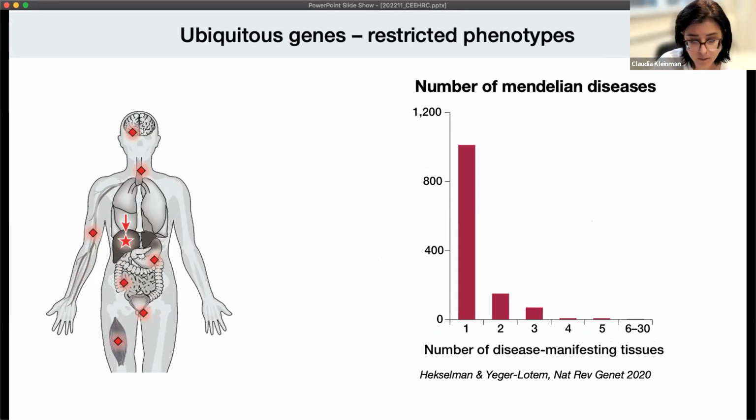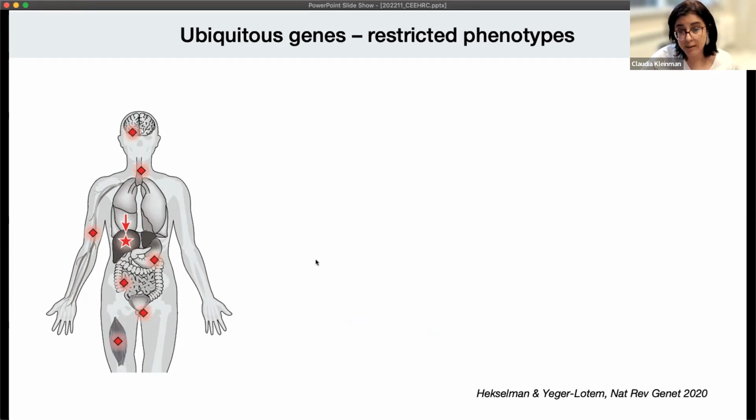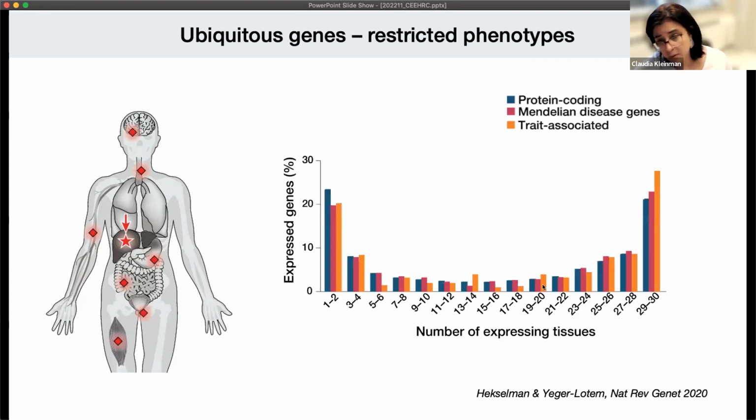If we look at the 1,000 or so Mendelian diseases characterized, most of them actually affect one or two tissues at most, but the expression pattern of these genes follows the same pattern of all other genes, which are expressed in many tissues, and very often very ubiquitously.